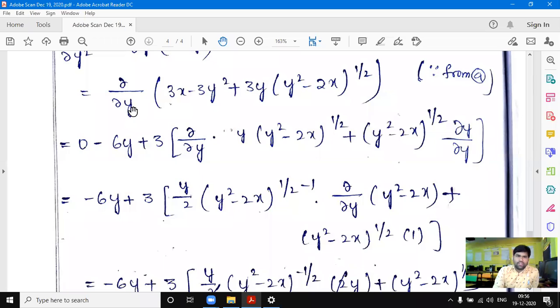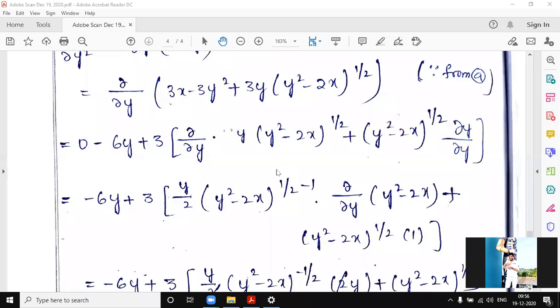Differentiation with respect to y means x is constant. So 3x becomes 0. So it is minus 3y², and differentiation of 3y² is 6y.